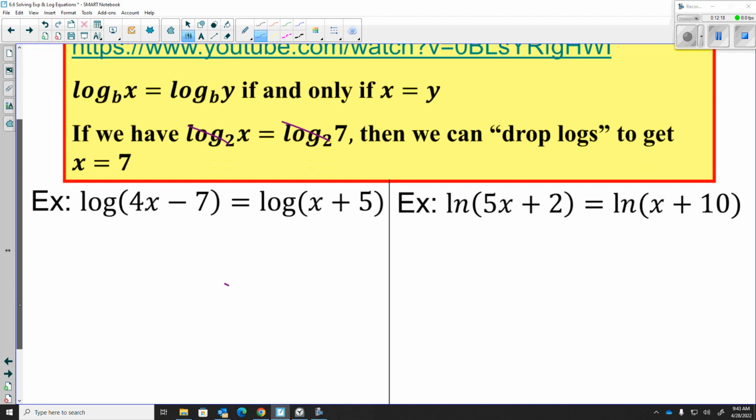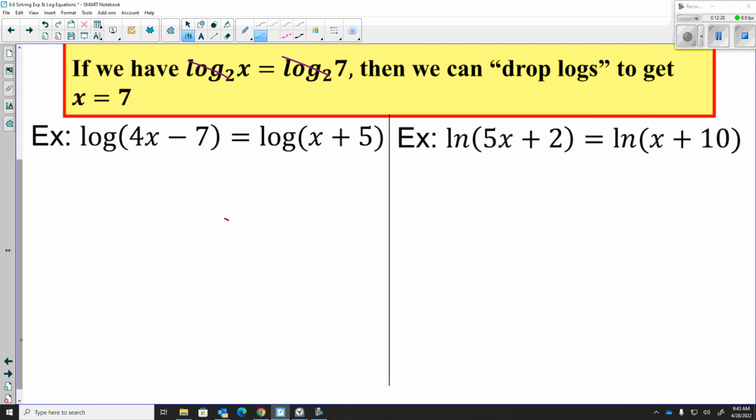So this thing, log of that equals log of this. Are these the same logs? Yeah, just for good measure. What's the base of these logs? It's 10 because there's nothing written, right? So, since the logs are the same, you can drop the logs. 4x minus 7 equals x plus 5.